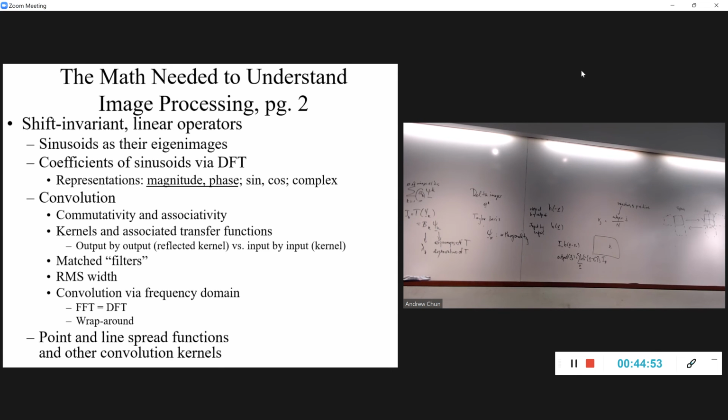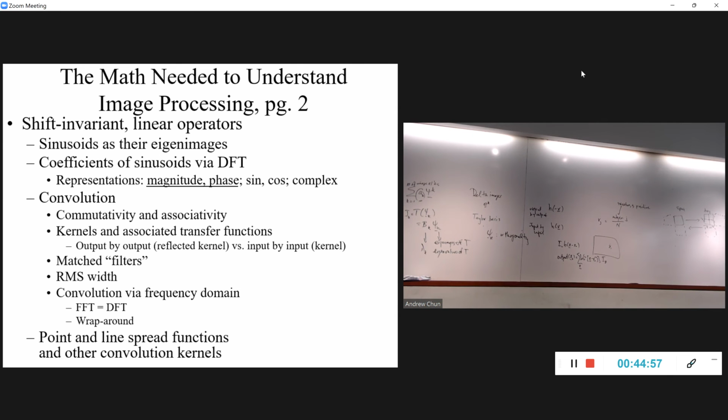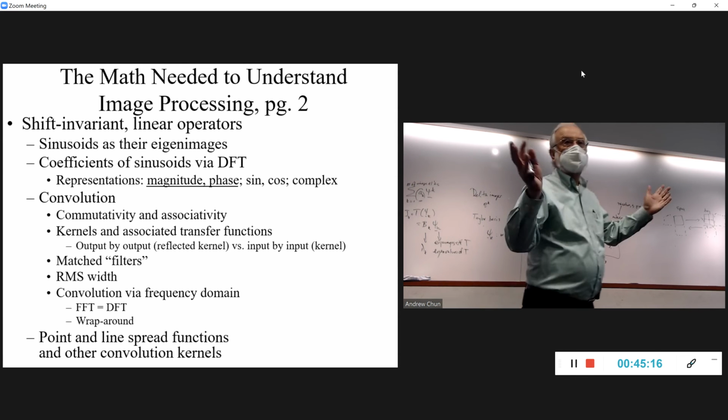We saw that convolution, and thus its calculations by the frequency domain, are commutative and associative, so it doesn't matter in which order you apply shift invariant linear operators in cascade. And it doesn't matter in what order you combine them, right?